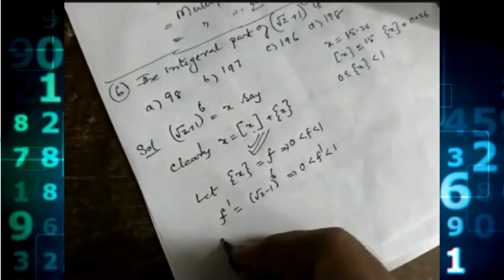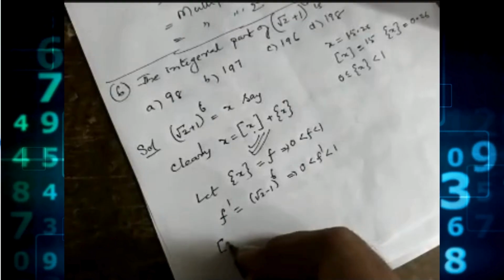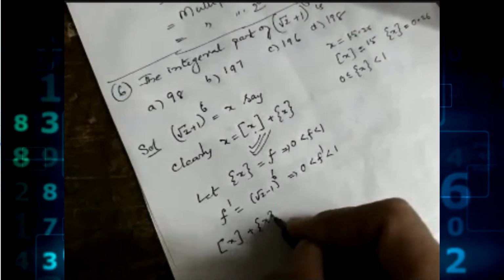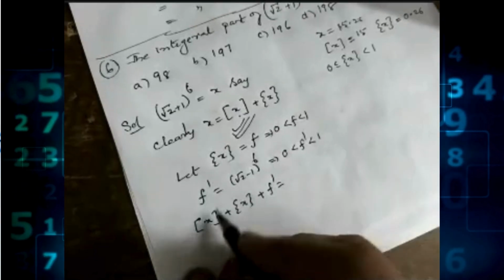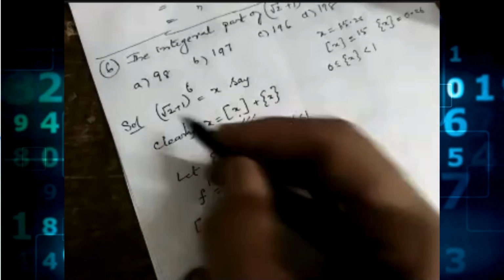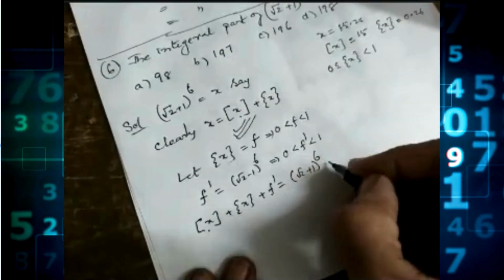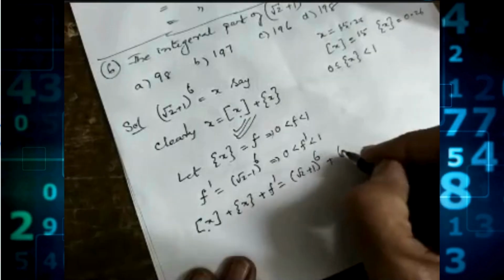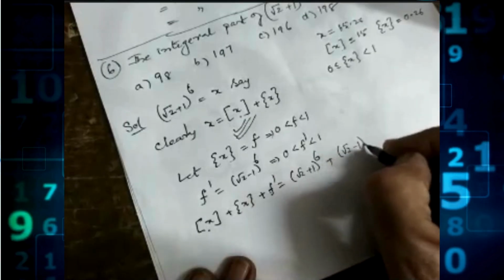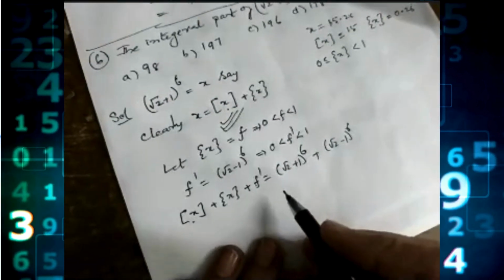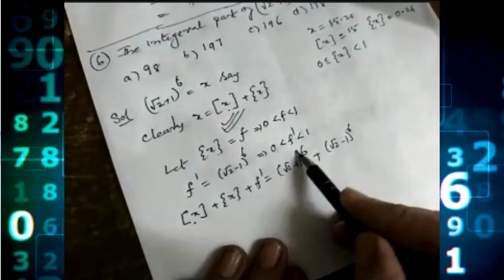Consider step of x plus fractional part of x plus f dash. Don't ask me, you just find what is step of x plus fractional part of x, root 2 plus 1 whole power 6, plus what is f dash, root 2 minus 1 whole power 6. And at this juncture, you must remember a plus b whole power n plus a minus b whole power n.